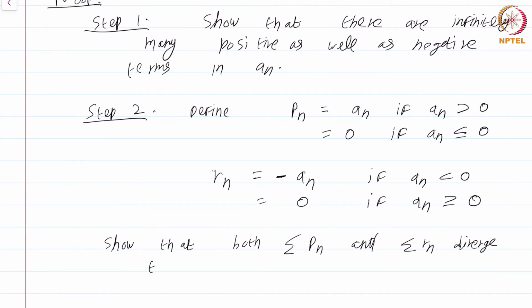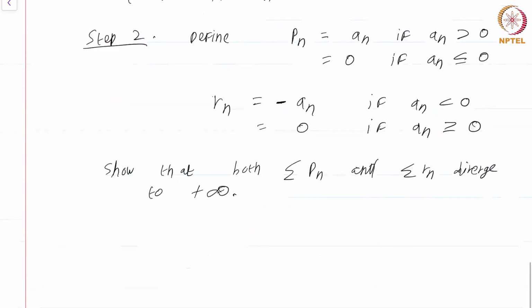In fact, they diverge to plus infinity. So what this says is that if you sum up all the positive terms and if you sum up the negative of all the negative terms, both diverge to plus infinity. Okay, this is step 2. Again, you have to use the fact that the series an does not converge absolutely to show this. Step 3.